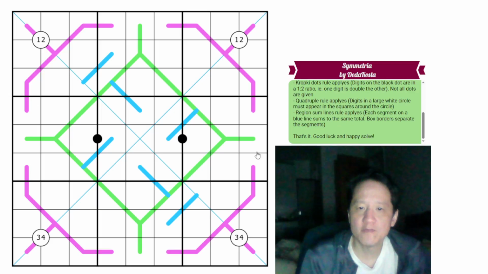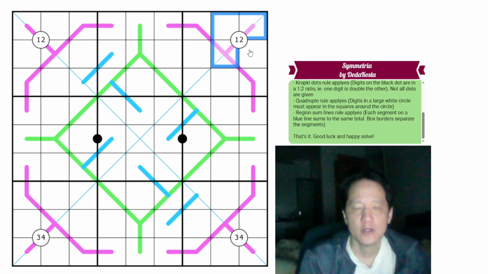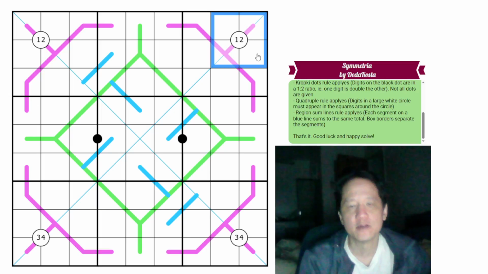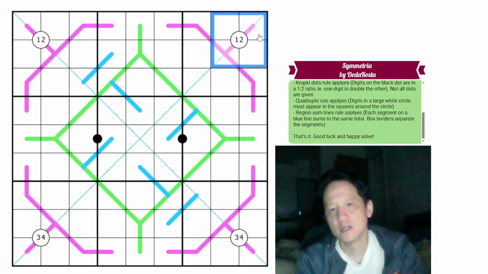We also have the quadruple rule, where digits in a large white circle must appear in the 4 squares around that circle. So for example, there's a 1 and 2 in this white circle, so therefore it's saying there must be a 1 and a 2 in the 4 surrounding cells.